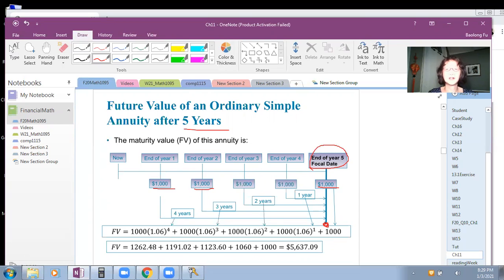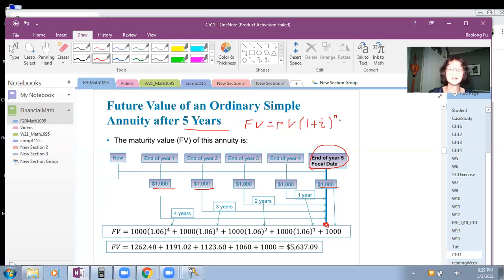We can use the regular compound interest. Remember the formula for future value. Future value equal to present value times 1 plus I raised to power n. I represents periodic interest.